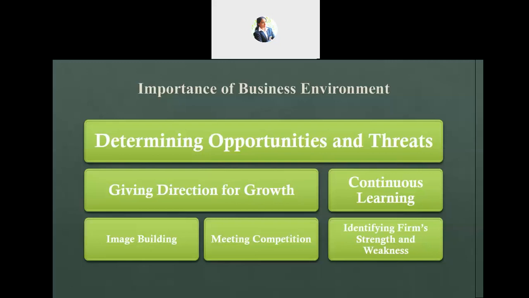Now, the third point is continuous learning. As I said, since it is a continuous process of understanding, every day, every minute, you'll understand the environment in which your business organization has been set up.